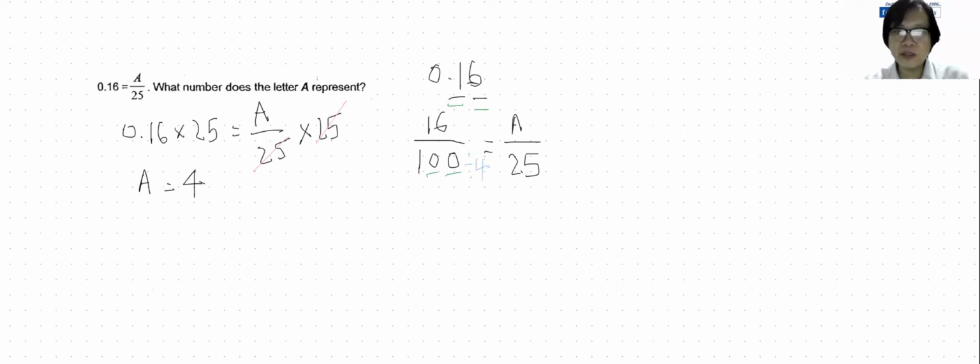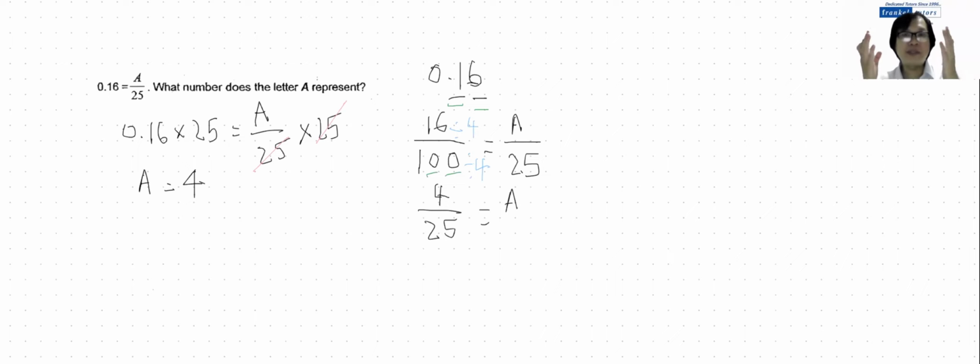So the top must also be divided by 4. Remember, what you do to the bottom, you must always do to the top to make sure that your fraction is an equivalent fraction. So once you divide top and bottom by 4, you get 4 over 25. So 4 over 25 is still an equivalent fraction to 16 over 100. That's why we divide top and bottom by 4. So it's equal to A over 25.